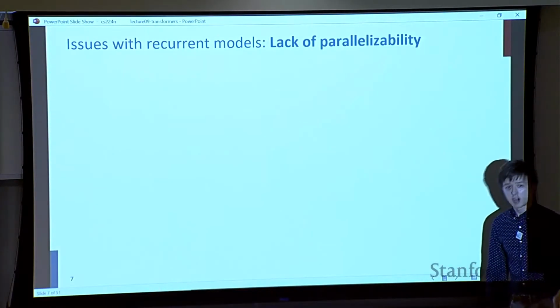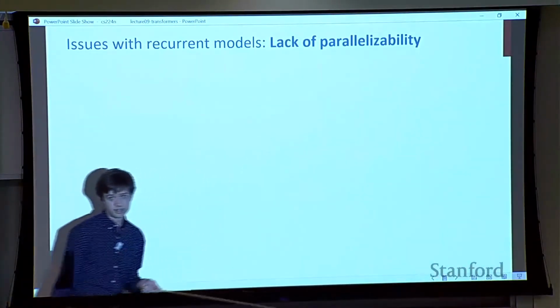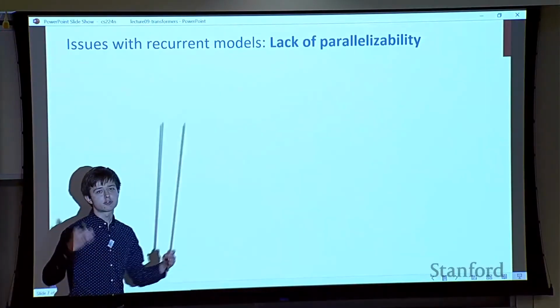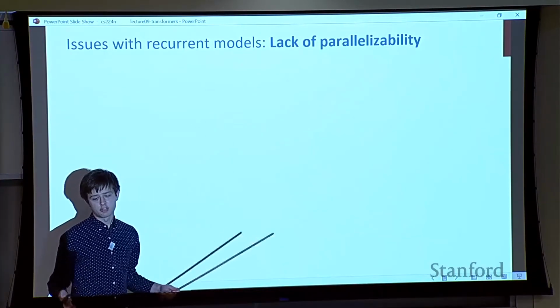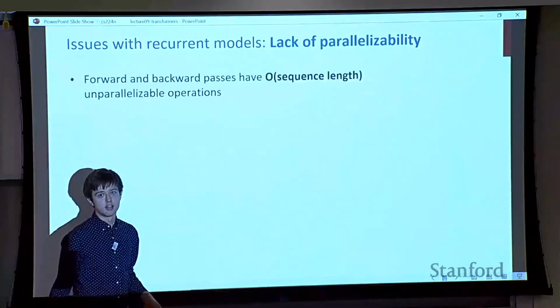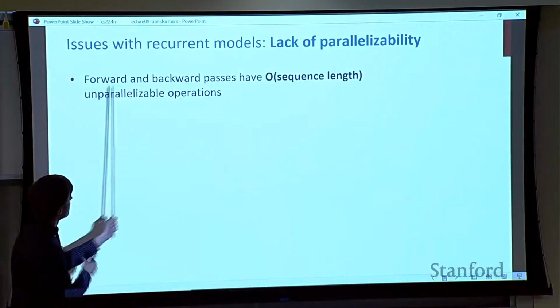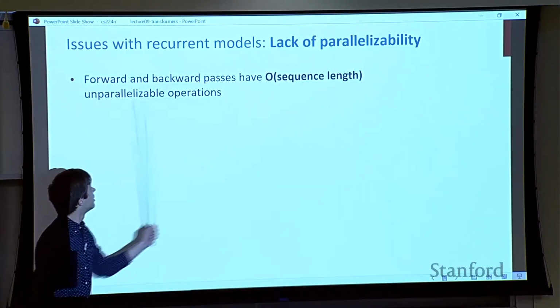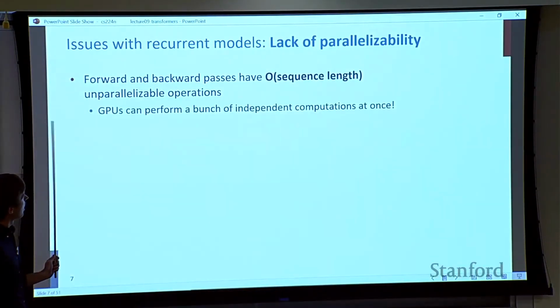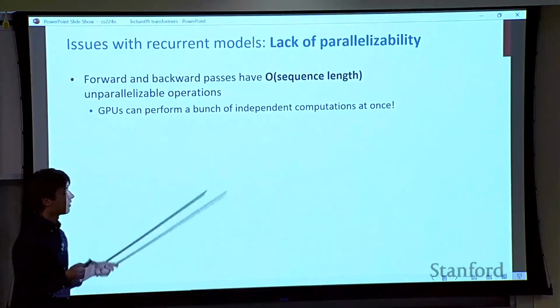Okay? A second problem is very related. This is the lack of parallelizability. This is going to be a huge refrain now that we've gotten to the transformers lectures: parallelizability. It's what you get from your GPU, and it's what you want to exploit. So when you run an RNN, you have O of sequence length many unparallelizable operations.